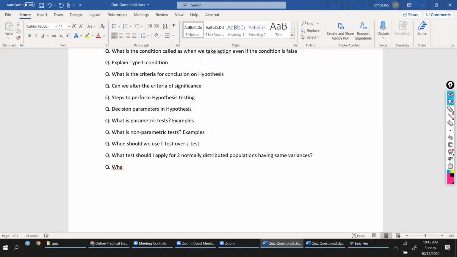Okay. What is paired t-test? When external conditions are same, okay, wonderful.